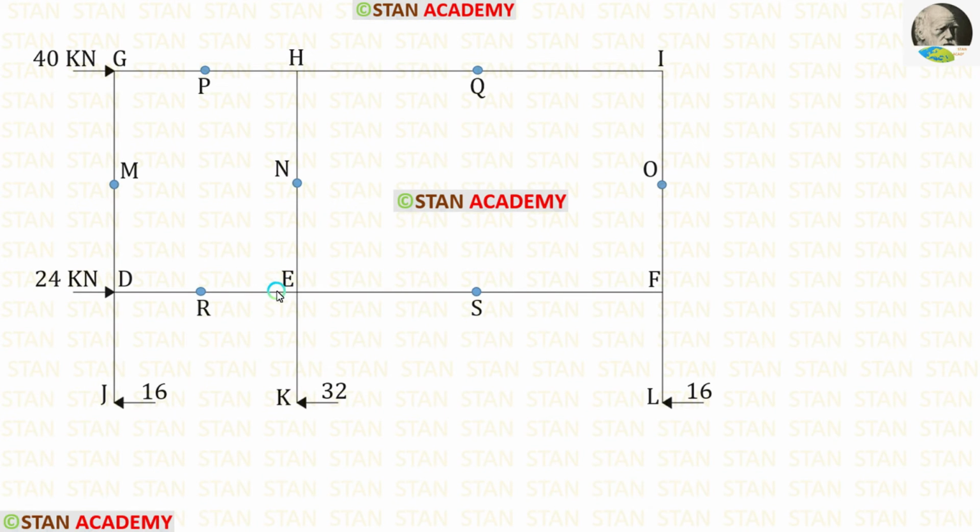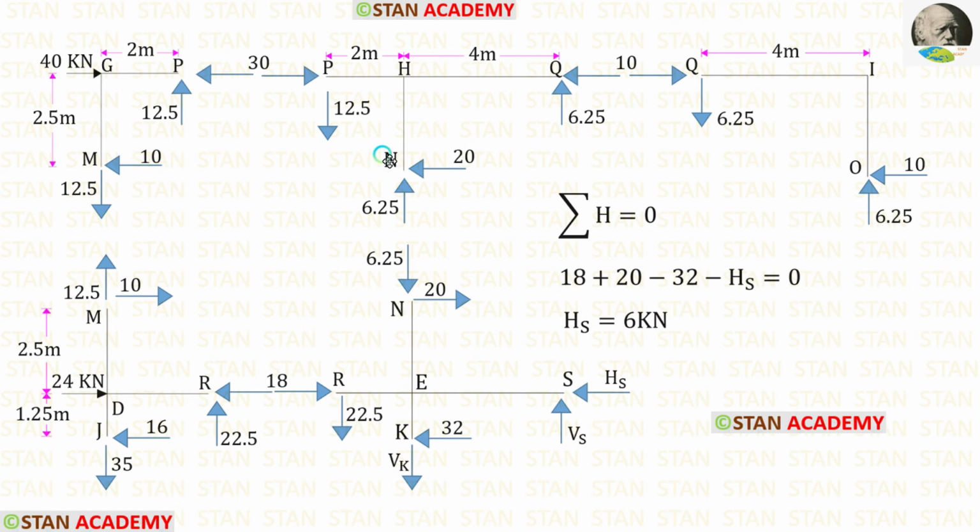Now let us take the joint E. In this joint there are four members EK, ES, ER and EN. Previously above the point N, we have already calculated the horizontal and vertical forces. Below the point N, they will be acting in the opposite directions.